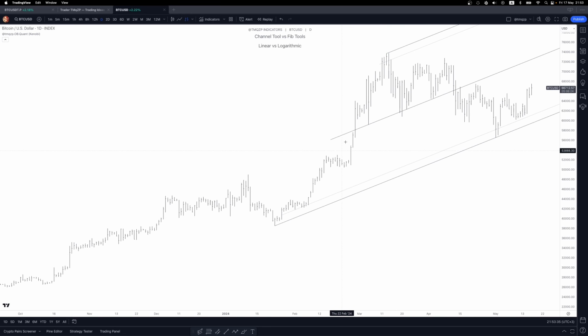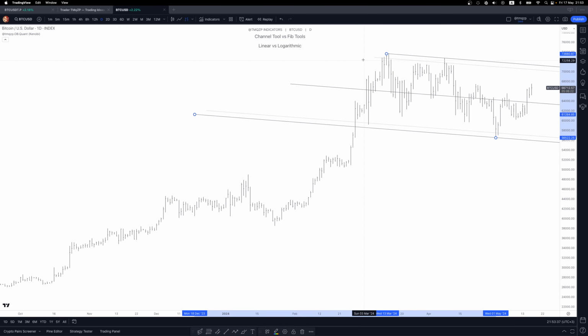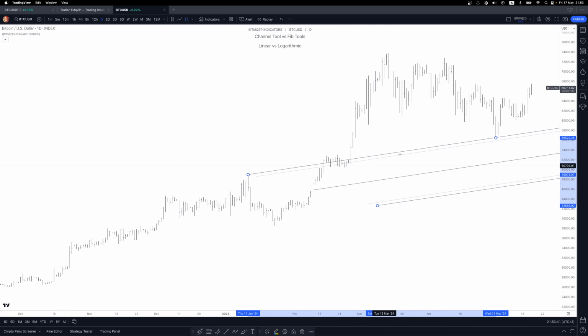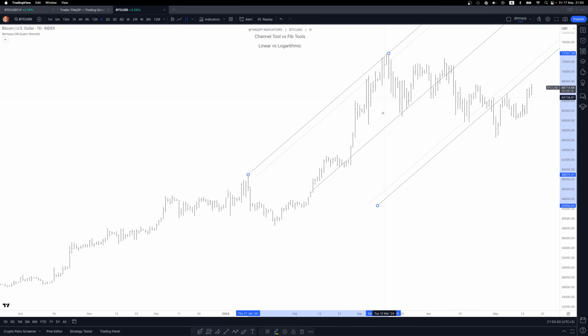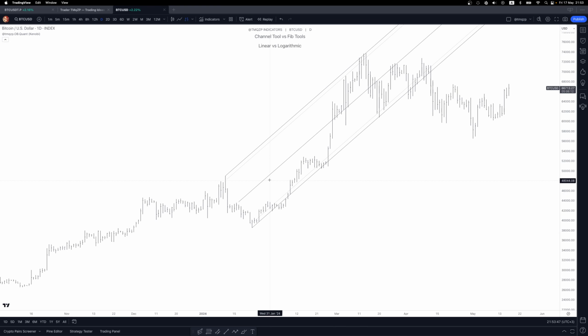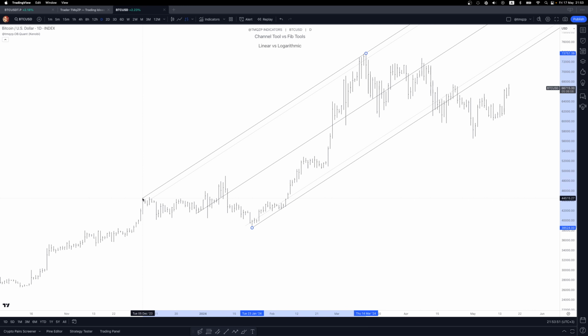What I'm not gonna do is this: if I'm tracking an uptrend, I'm not gonna take this high and then this high and then adjust this to the low. Just for consistency purposes, or maybe you wanna do it from this high, I don't know, it looks weird to me. It just doesn't make any sense. I need this line to be consistent, not the top one in an uptrend, right?